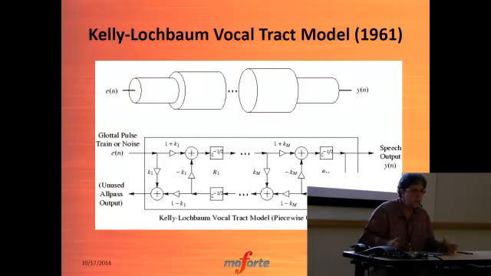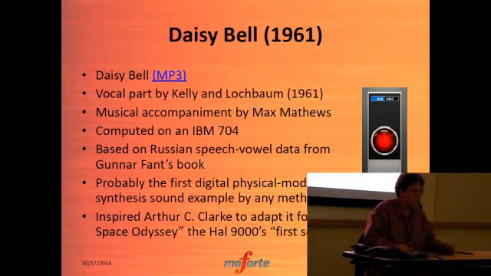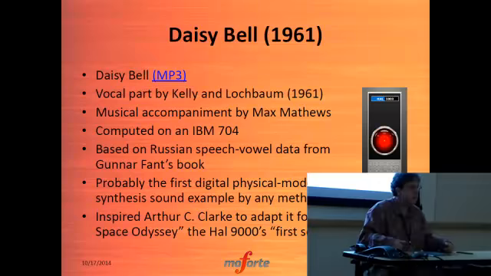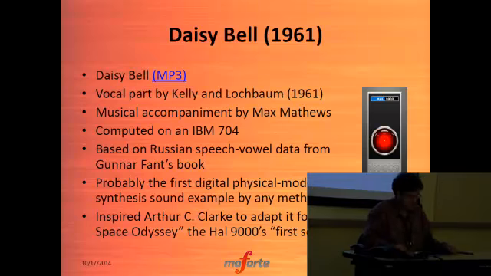The waveguides that we used to do the strings really have their ancestry in this Kelly-Lockbaum vocal tract model. And a very nice man at Karma, Max Matthews, in 1961 implemented a version of the model on a digital computer. And some of you may have heard this, but this is 1961, digital synthesis of a singing voice.